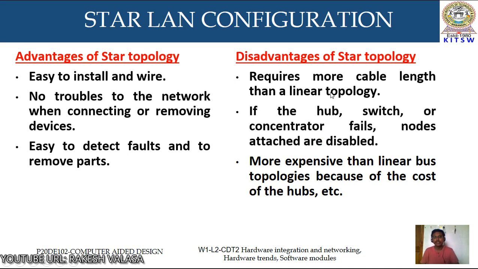If the hub, switch, or concentrator fails, the attached nodes are disabled, because the concentrator is the central unit. So if the central unit fails, the entire system will be disabled. It is more expensive than linear bus topologies because of the cost of the hubs or concentrators. If the hub goes down, everything goes down, because the hub is the heart of the entire system.